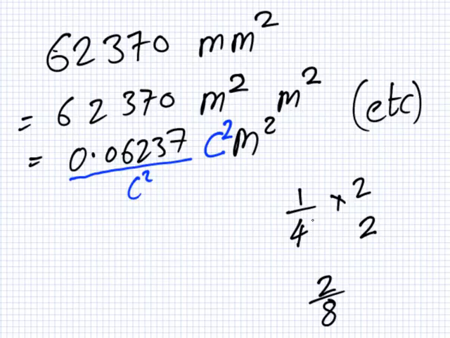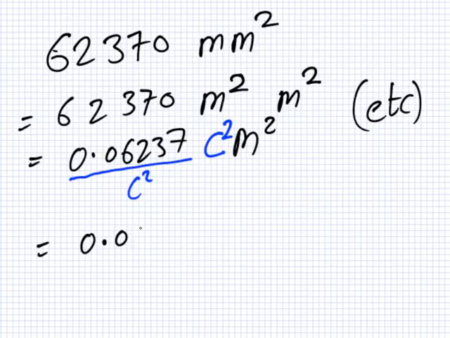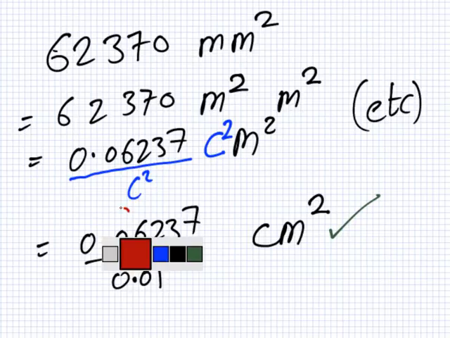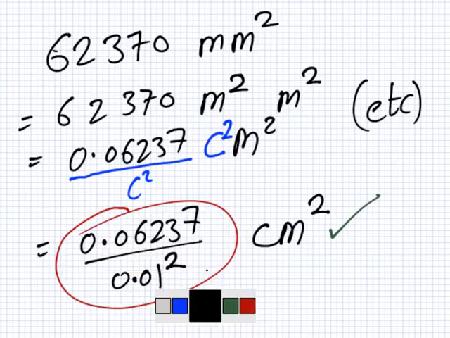It's still the same, isn't it? So this will be 0.06237 over 0.01 squared, and then this can be written as centimeter squared, which is perfect because that's what you want.